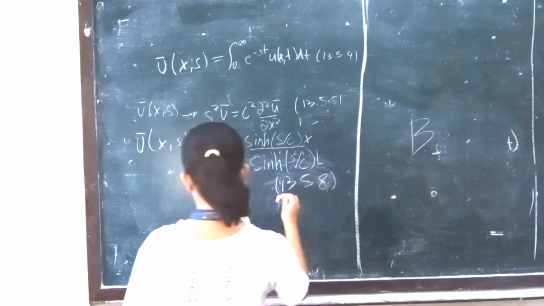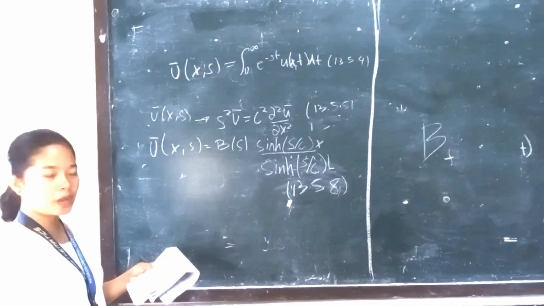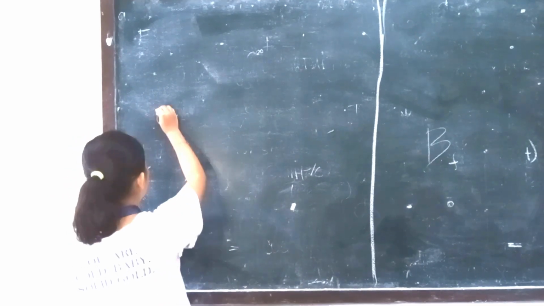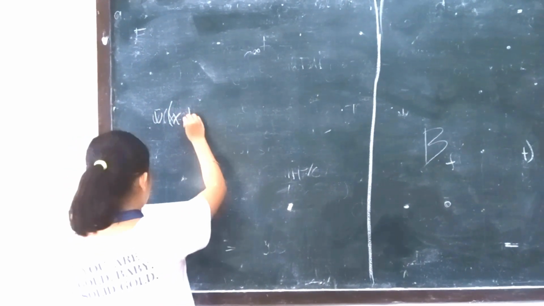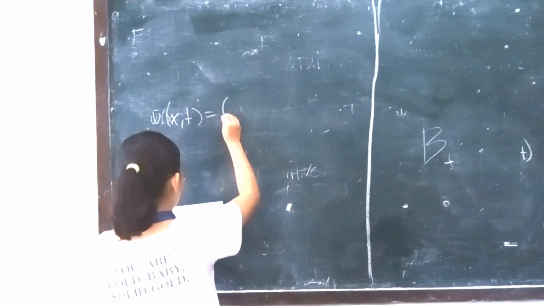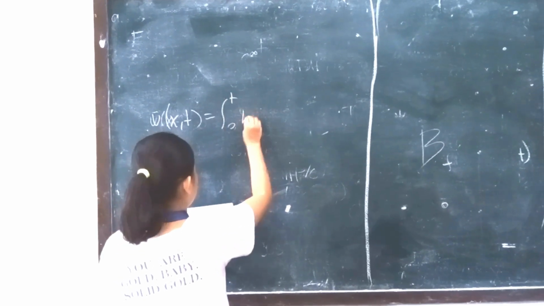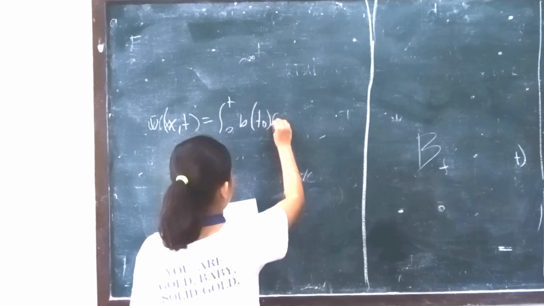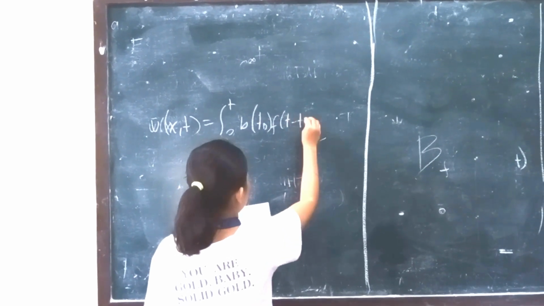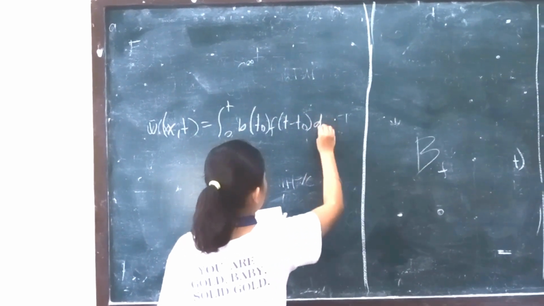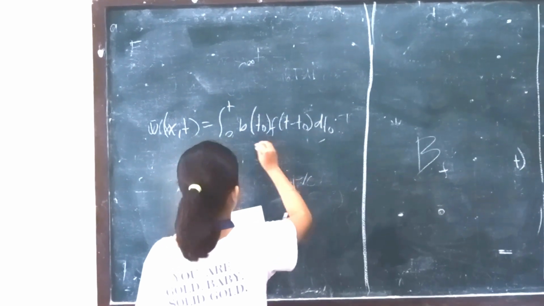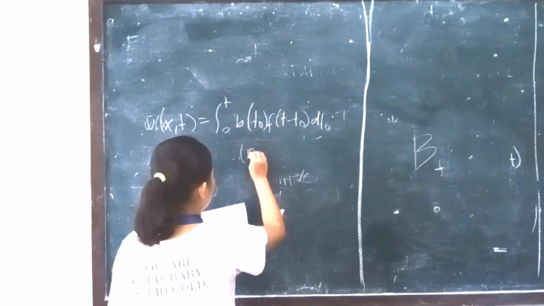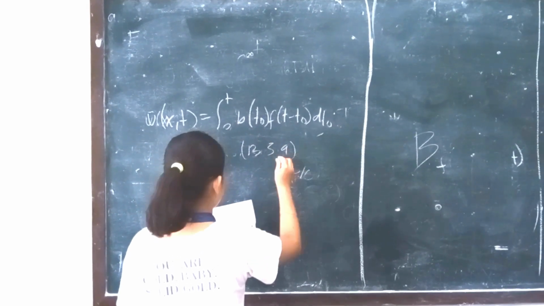So this is 13.5.8. The convolution theorem implies that u of x, t equals the integral from 0 to t of f of t minus t naught times g of t naught dt naught. So this is 13.5.9.